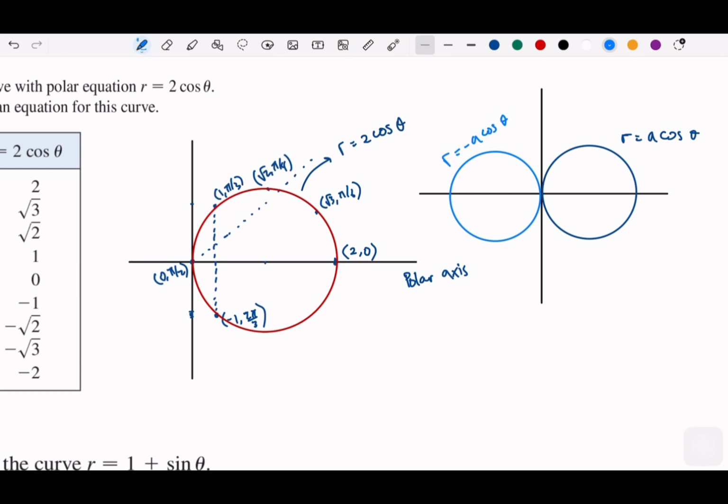Okay, so let me write again. Let me make the line a little bit longer here, and then maybe here, the line. So let's say we are having the green one.